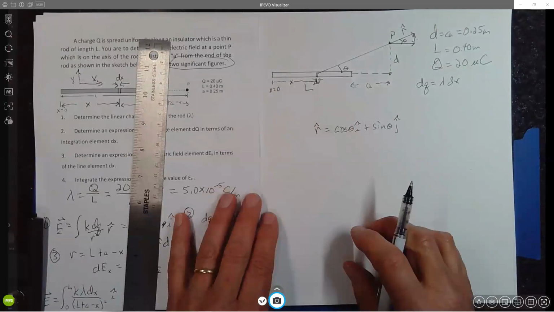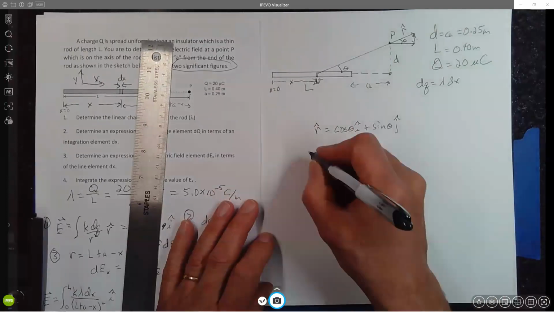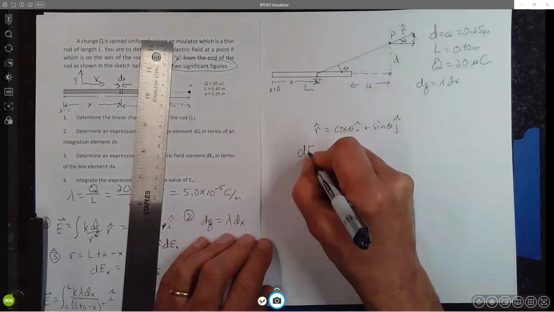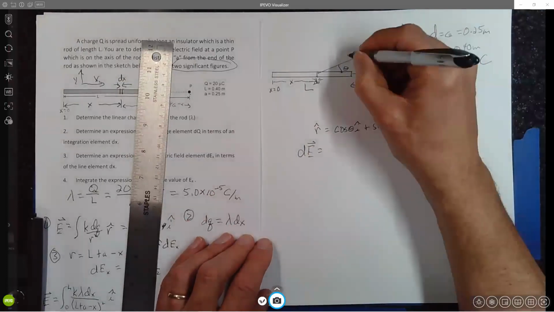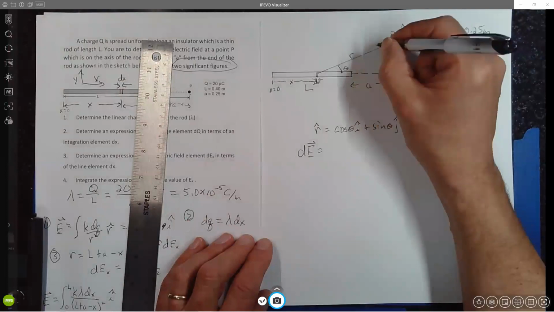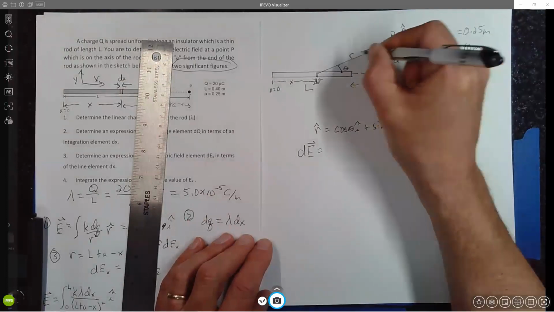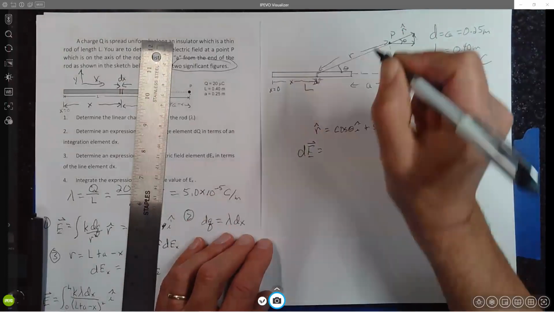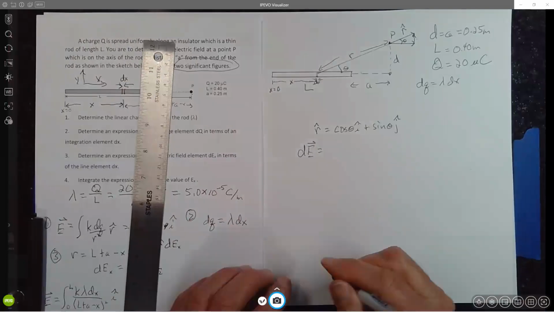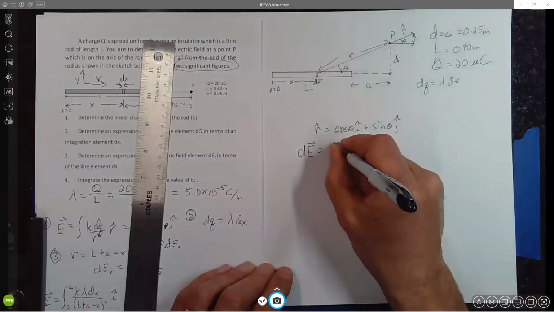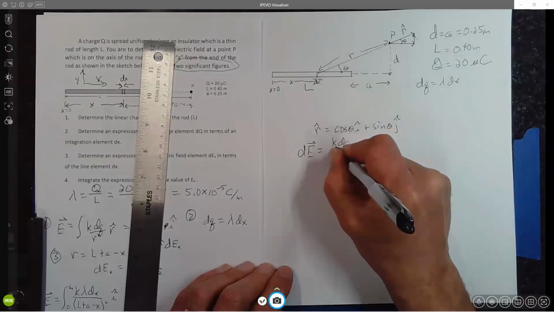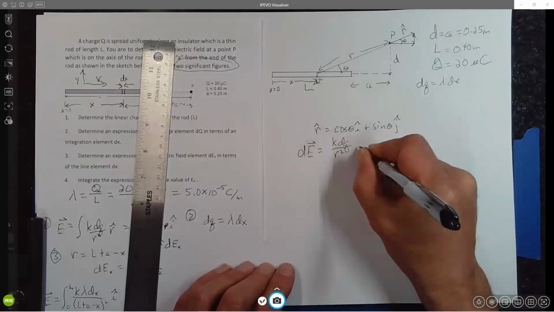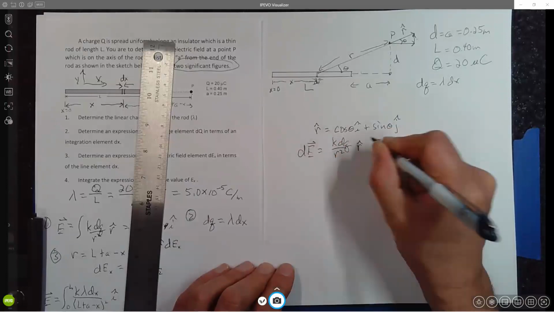Now our little electric field is going to be dE will equal something I'll have to have. This will be the distance r that's going to matter here. So that's kind of weird. We'll have k dq over r squared along r hat.